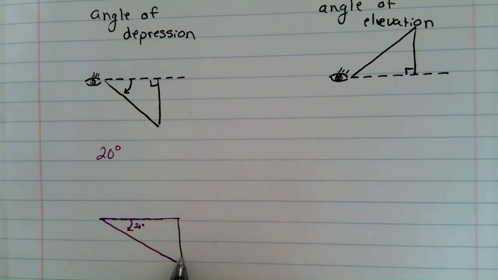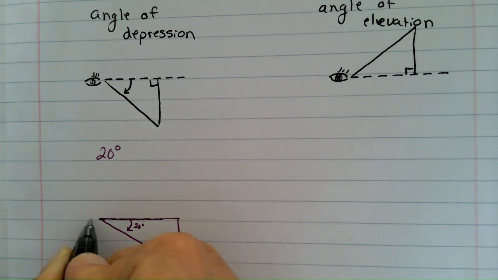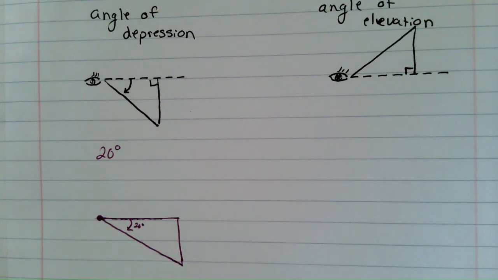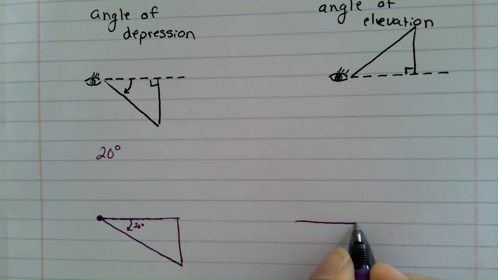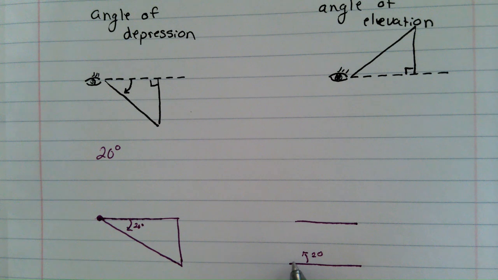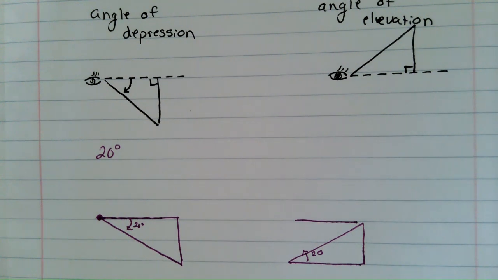And here's our triangle. But we're standing right here at the 20-degree corner. Angle of elevation, we're looking out. I'm going to draw it down here. We're looking out, and we look up 20 degrees.